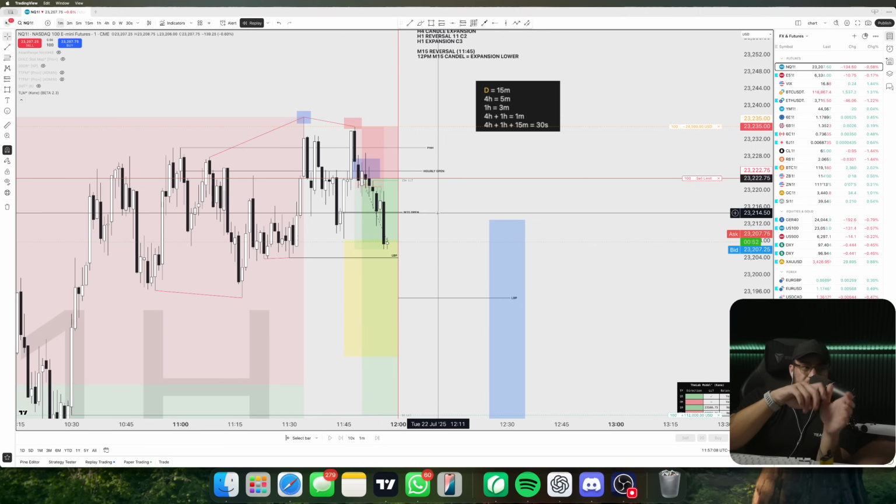Okay, the answer is the blue box, because at 12 o'clock, all we care about is the hourly swing holding. The SMT allows us to get into the trade, but at 12 o'clock, it's not the invalidation of our trade.